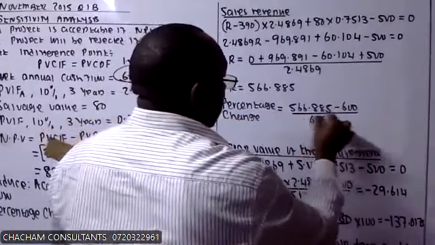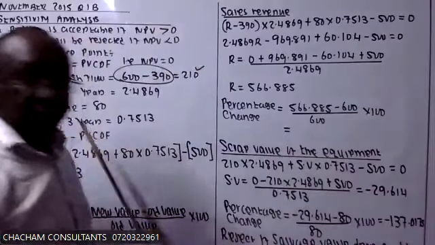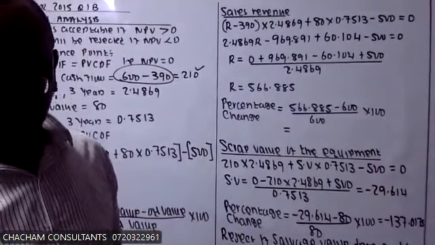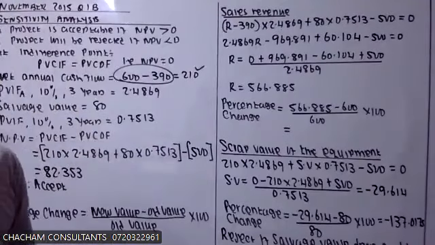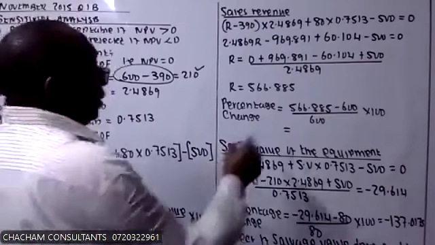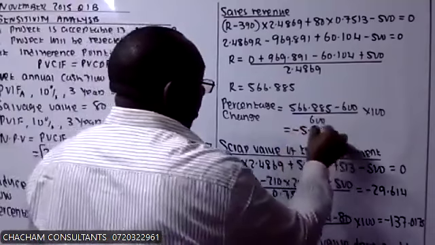You divide, times 100. Negative 5.51519%.